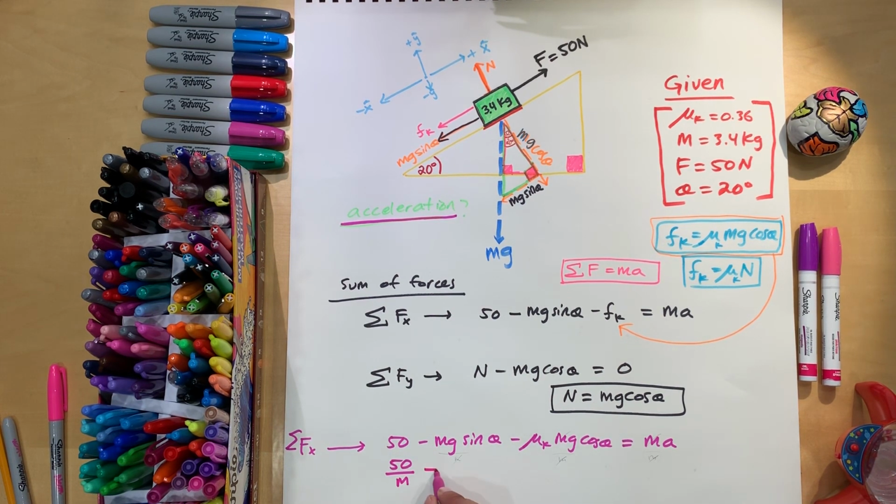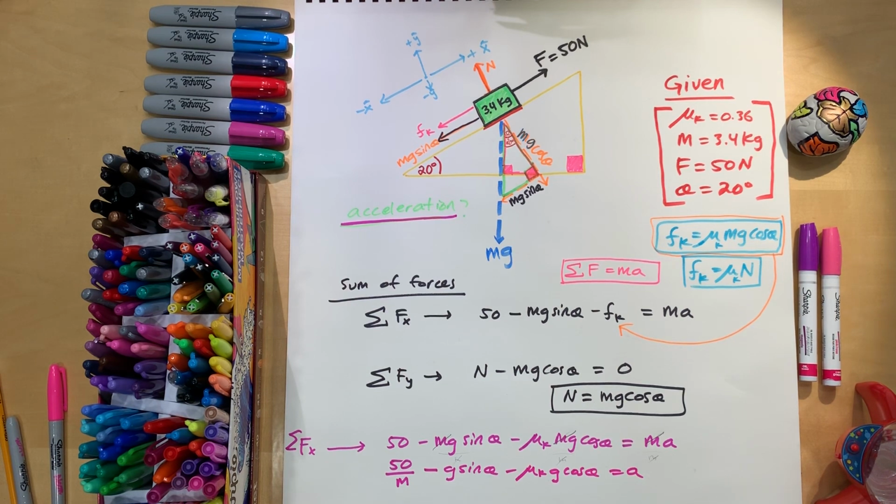So now, moving forward, we got minus gravity sine theta. That's what's left because the m was canceled. Minus mu k g cosine theta equal to a.